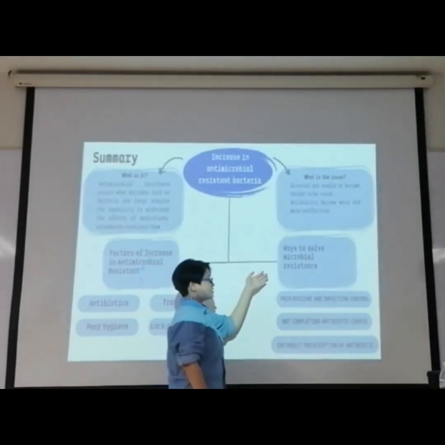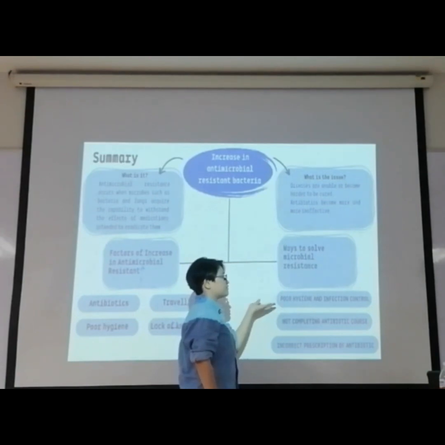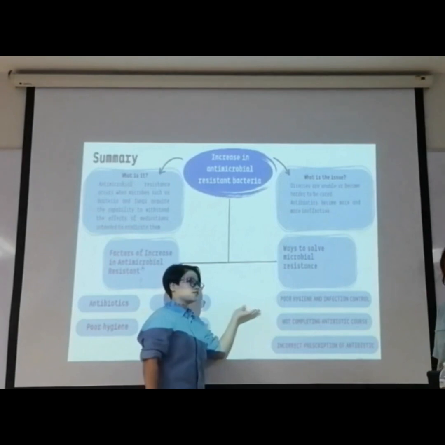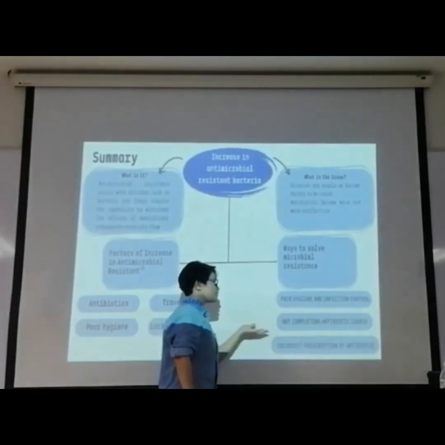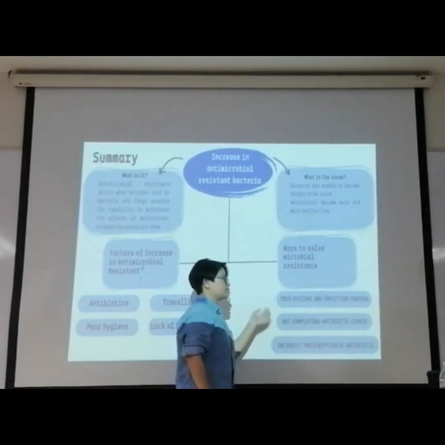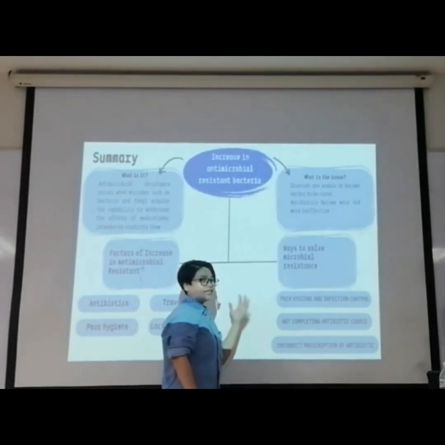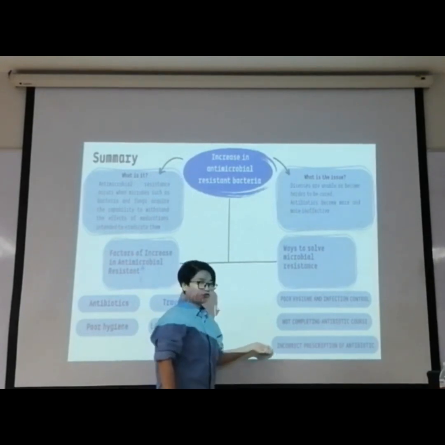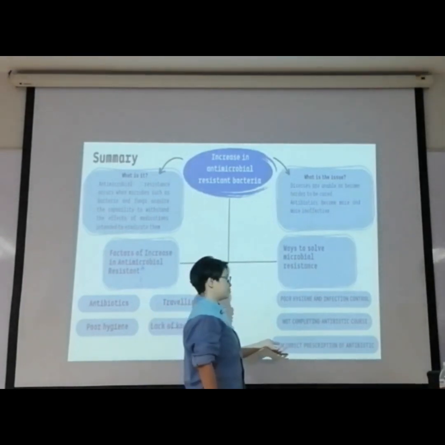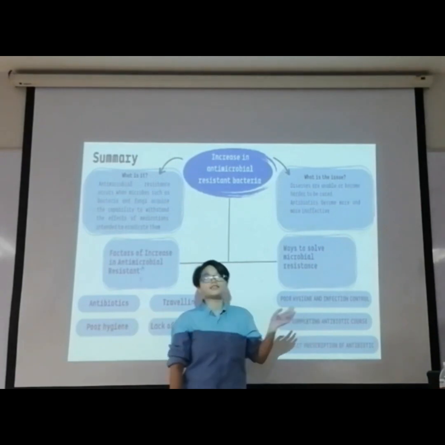Ways to solve it are to have good hygiene and infection control, which means you often wash your hands and avoid getting sick. Secondly, complete the antibiotic course as prescribed. And lastly, do not overprescribe antibiotics.